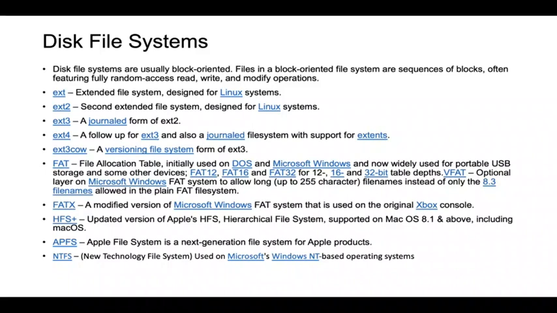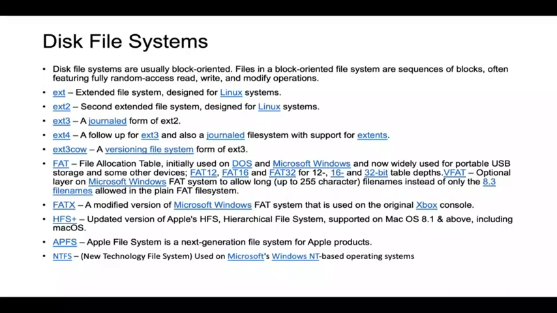Like extension 1 is a Linux file system and works very well with Linux operating systems, but for example Mac OS 8.1 and above all work with Apple's HFS or Apple file system, the next generation file system for Apple products, whereas Windows or Microsoft operating systems generally work on NTFS, which is the New Technology File System.